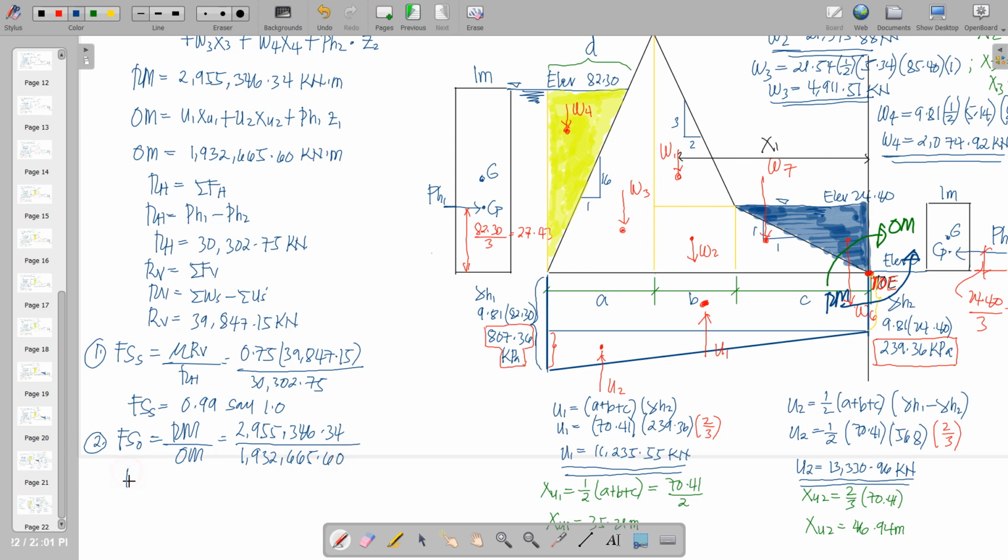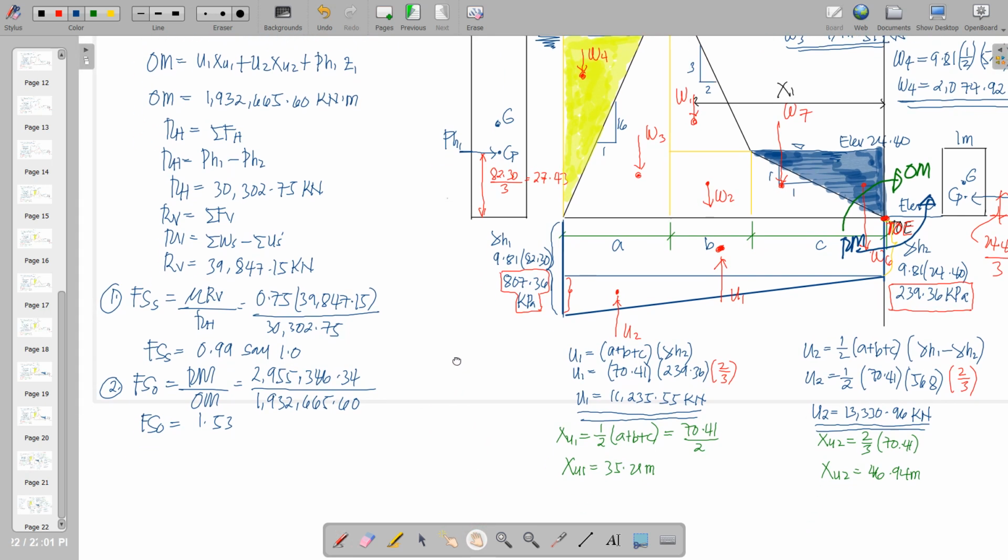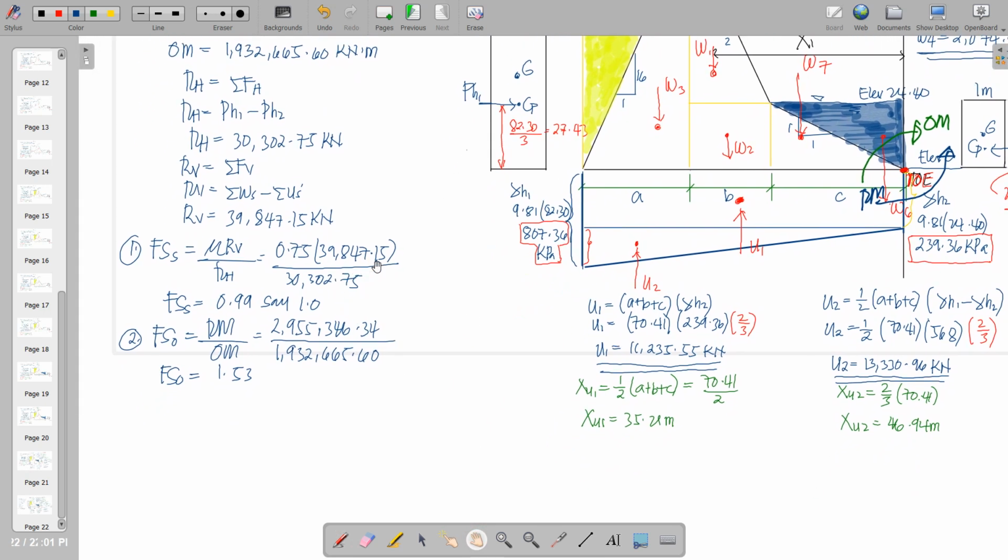Therefore, the factor of safety against overturning will yield the value 1.53. Take note, class, that factor of safety is unitless because the units will just be cancelled.